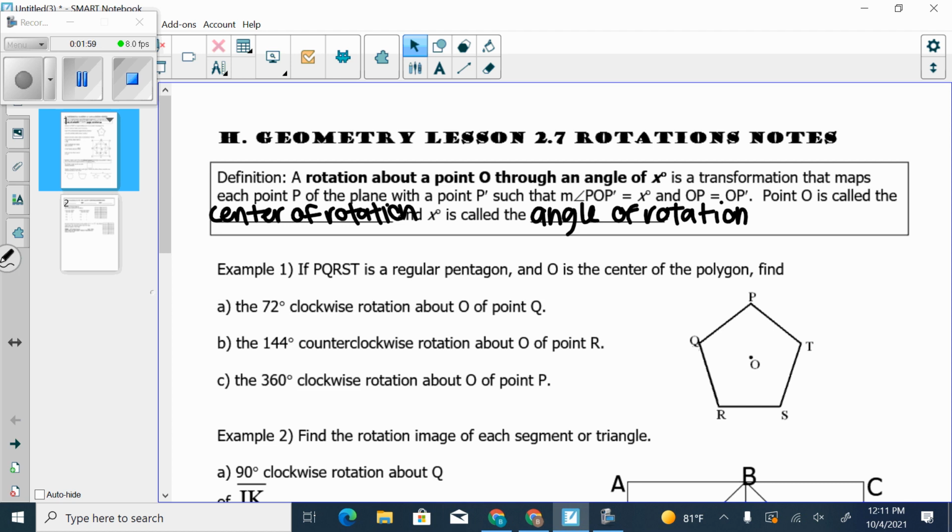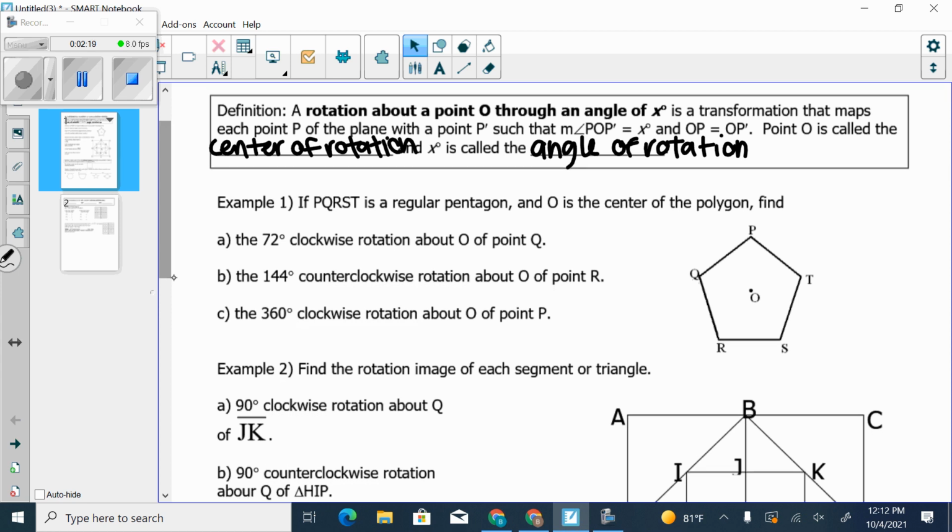Okay, so keeping that in mind, on example 1, they say if PQRST is a regular pentagon and O is the center of that polygon, they want us to find A, B, and C. Okay, so if it's a regular pentagon, that means what about its size? 5, and they're all going to be equal, right?